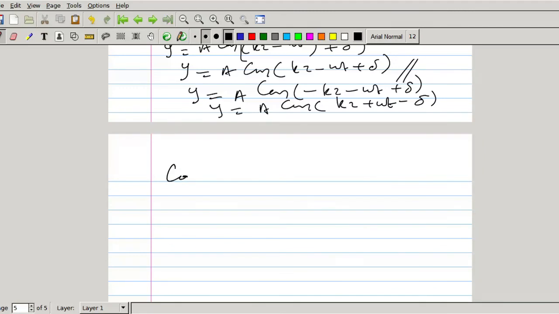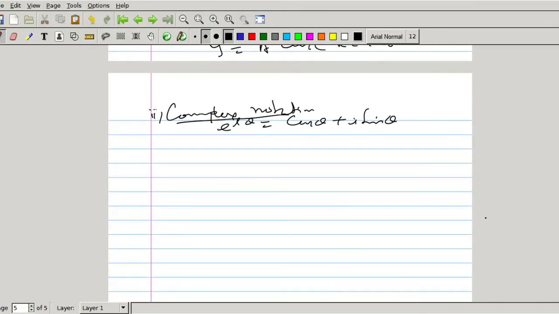In complex notation, using the Euler formula, we can write the wave equation. The Euler formula is e raised to i theta equal to cos theta plus i sin theta. So the function f of z, t will be the real part of a e raised to i times kz minus omega t plus delta.